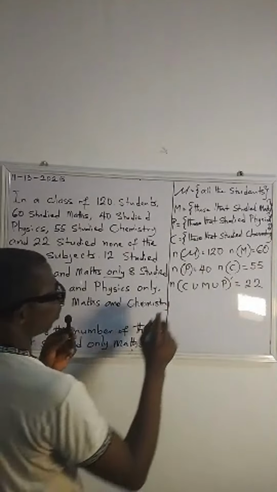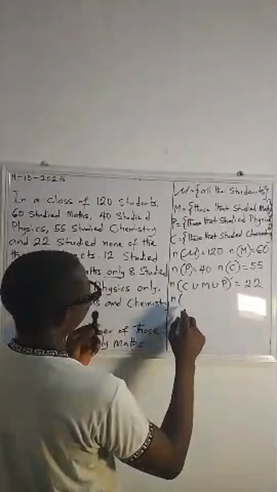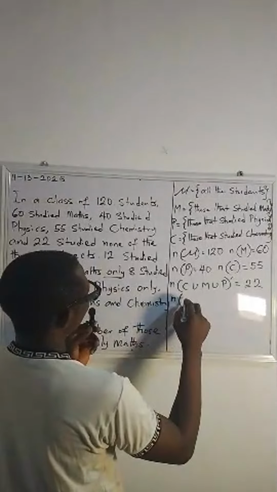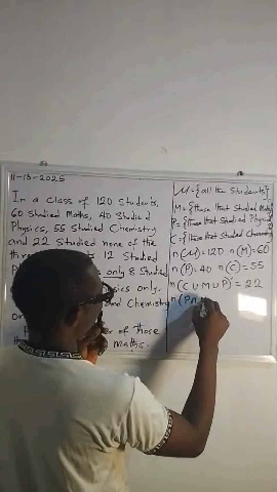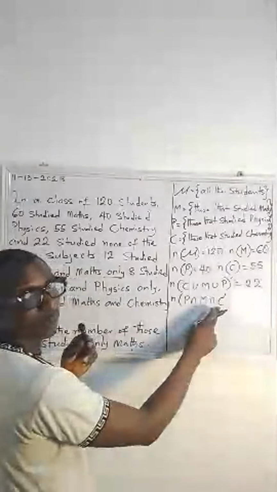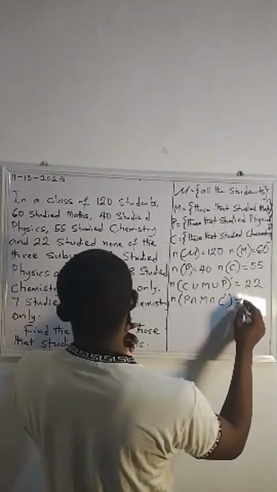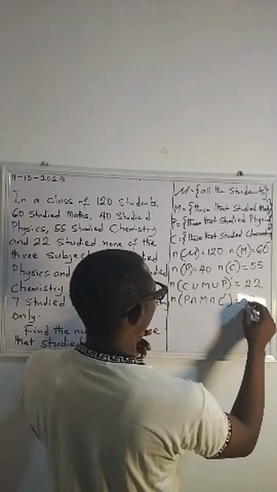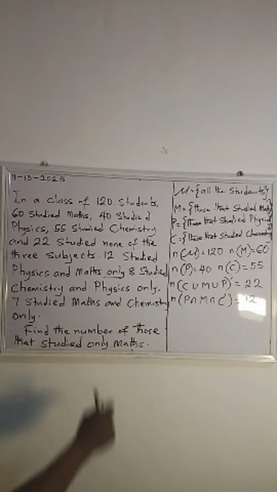So we can write it in set notation as the number of those that study physics and mathematics, but not chemistry. So that is C complement. There are how many? There are 12. Okay. All right. Now let's move on.